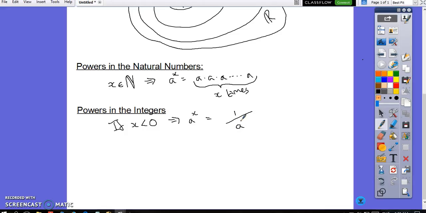So, for example, a to the negative 2 is 1 over a squared. So we've seen powers that are just natural numbers. We've seen powers that are integers. Of course, if x is positive, then it works the same as here.